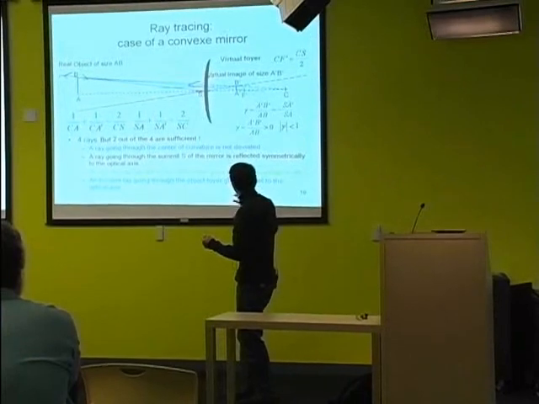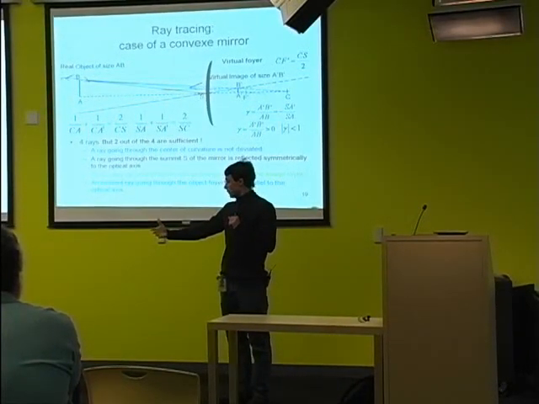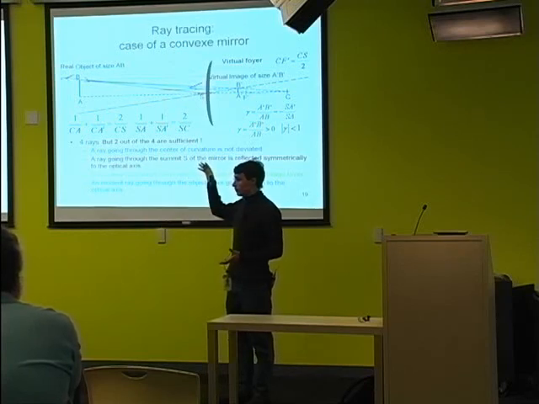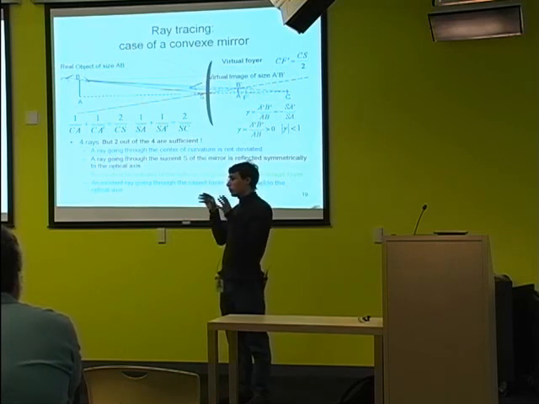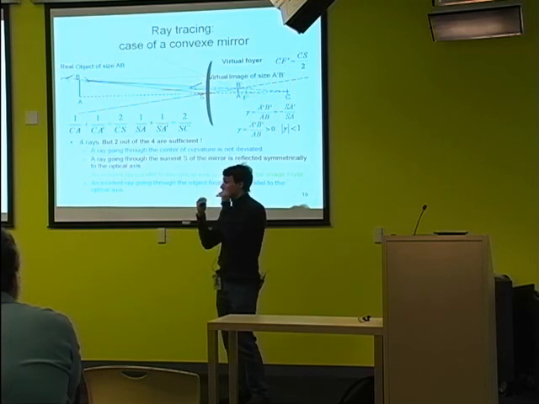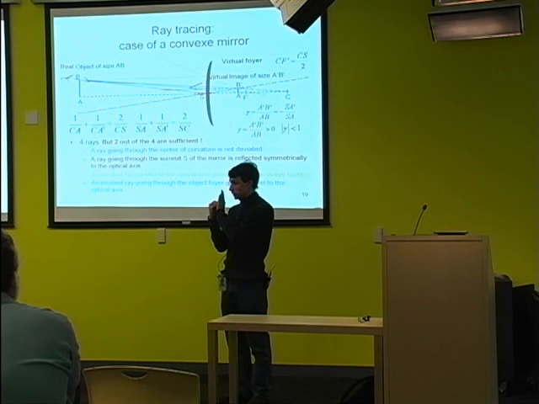So if I'm looking on this side of the mirror, I just have an emerging beam of light, but I don't have a point where all my rays converge. It's only when all my rays are converging to a point, and if I put my screen or my CCD on this point, that I will be able to see it. Okay, so you can't see it. No.